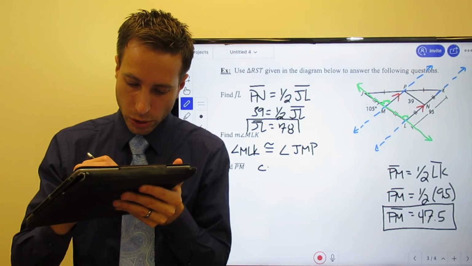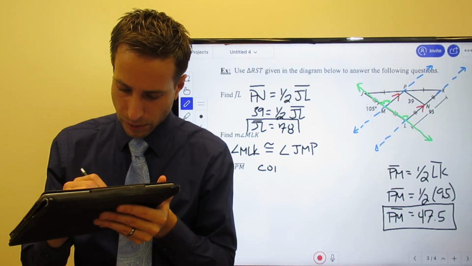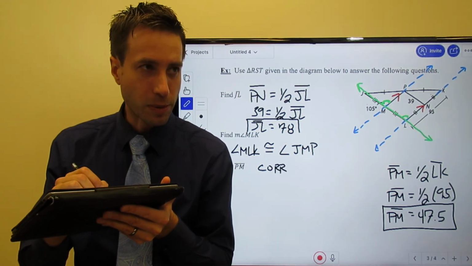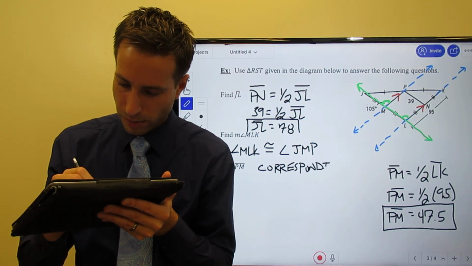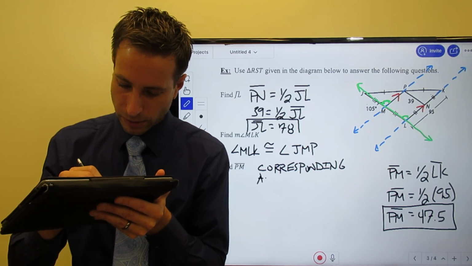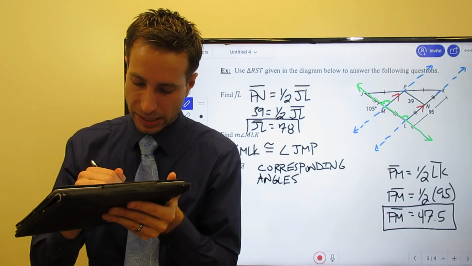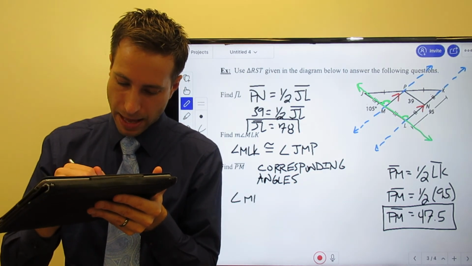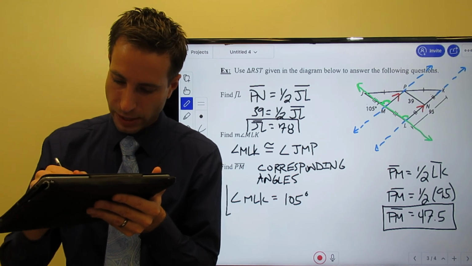Why? Well, they're corresponding. I apologize if I misspelled corresponding. They're corresponding angles, which means that they have to be congruent. So angle MLK is equal to 105 degrees.